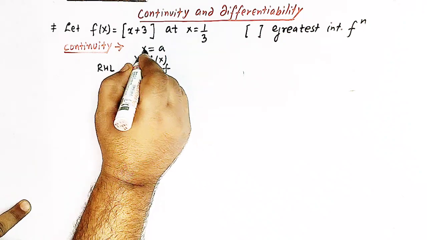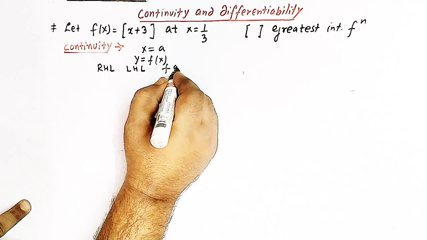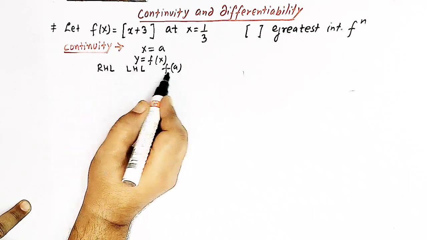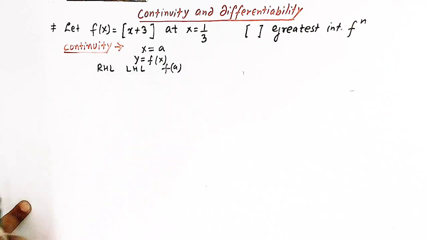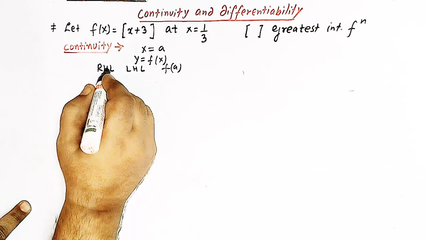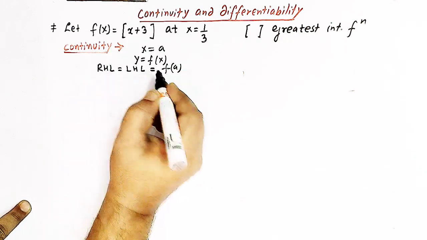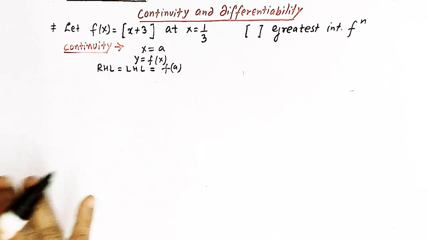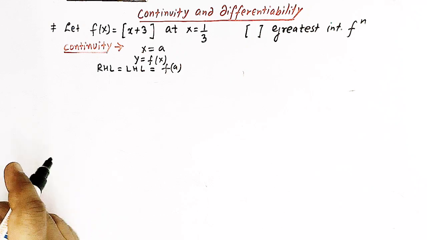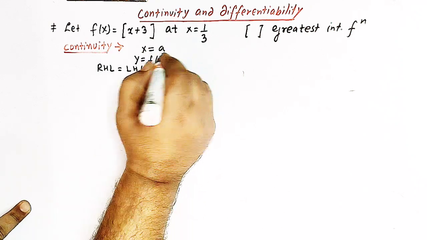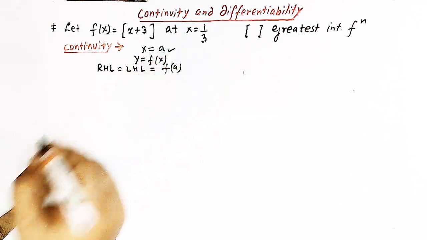If all these three quantities are finite, exist, and are equal to each other, then the function is continuous at x = a.